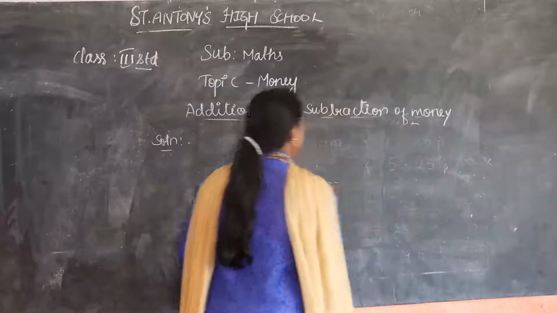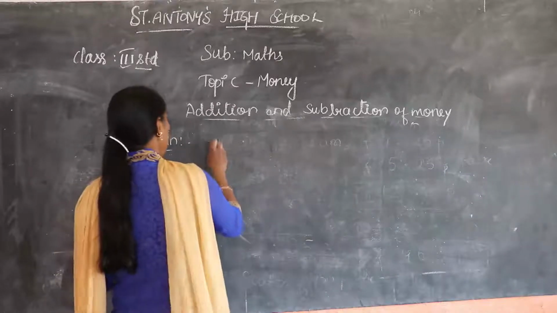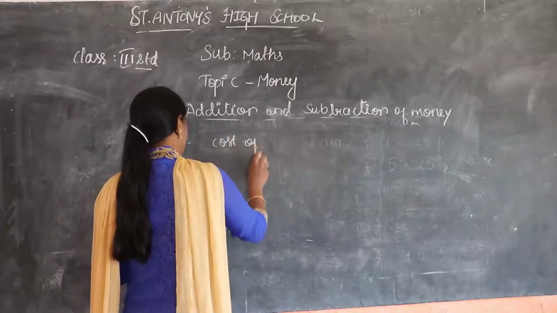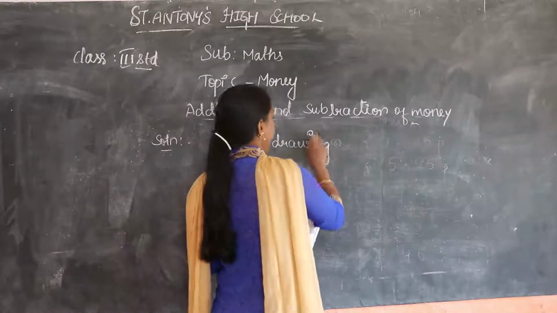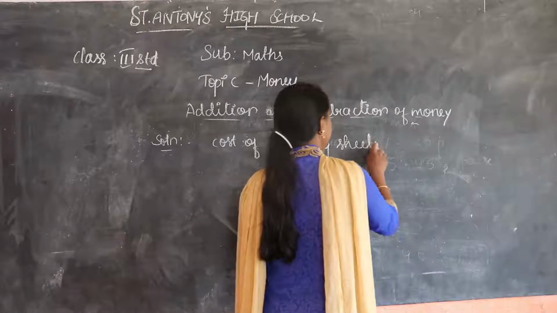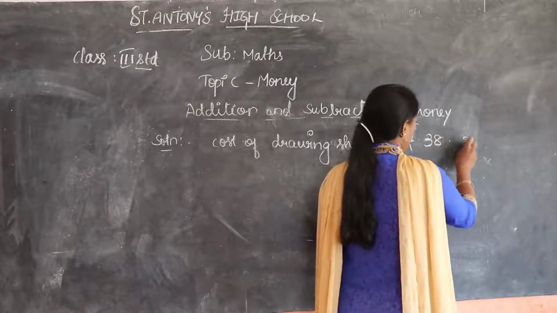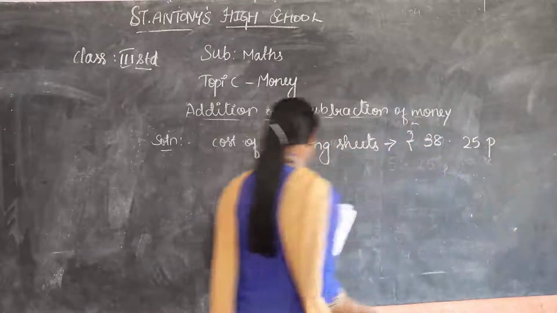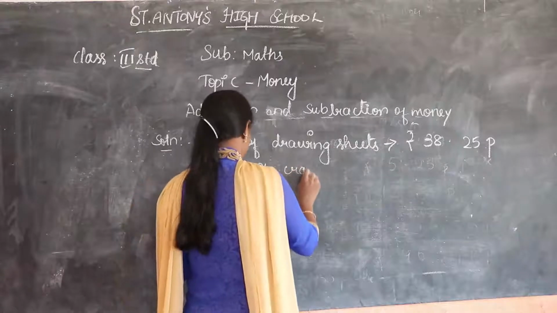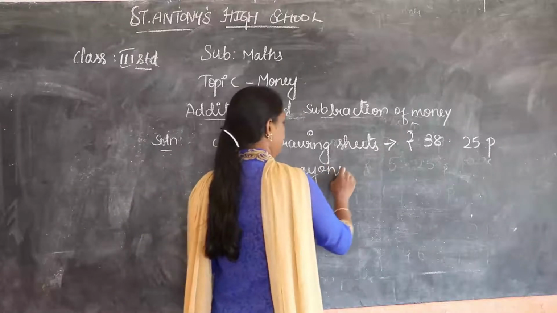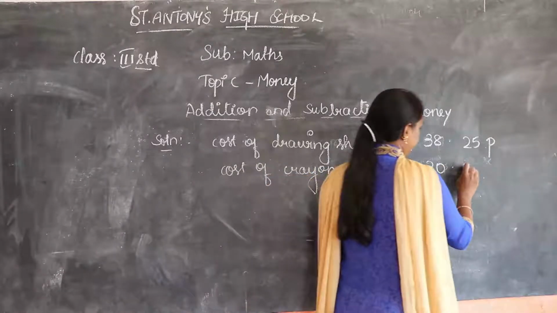Okay. Here also we have to do the addition. Cost of drawing sheets is rupees 38.25. Cost of crayons is rupees 20.50.